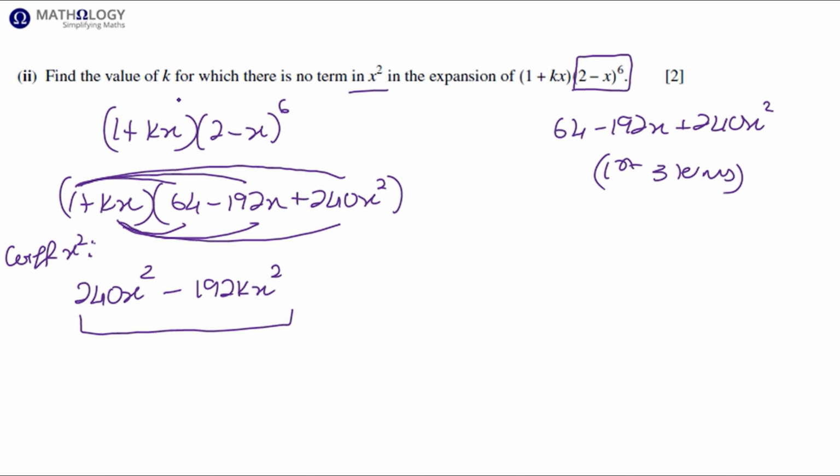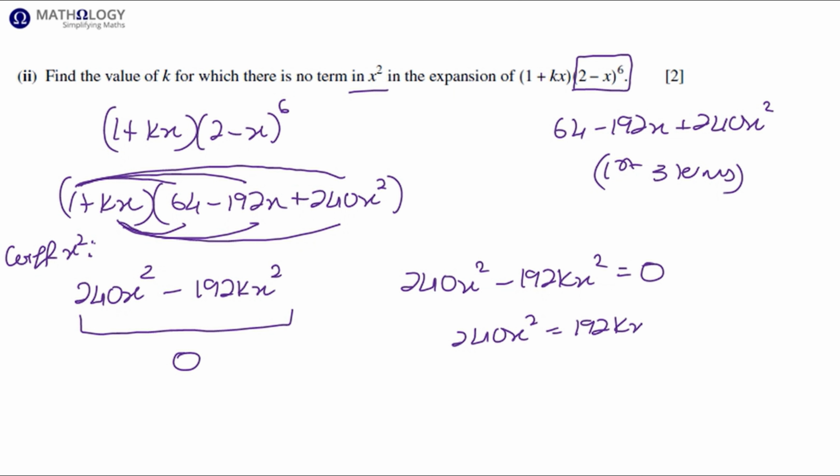Now we need to find the value of k for which there is no term in x squared. So if there's not going to be a term in x squared, this entire expression would have to be 0. That's precisely what we do now: equate this to 0, and solve for k. So 240x squared equals 192kx squared.